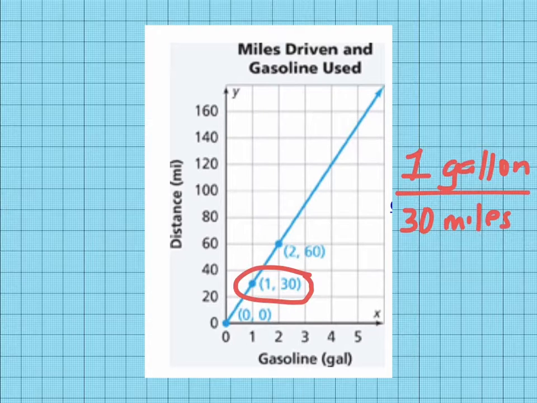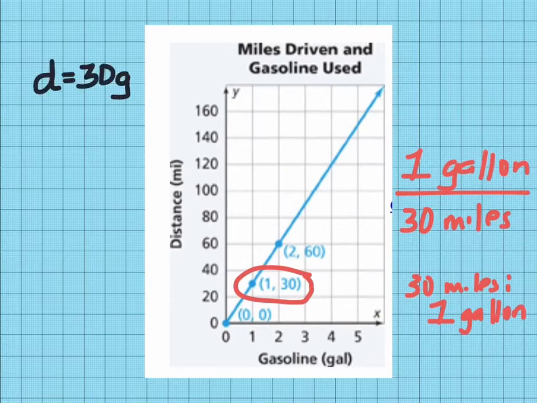That can also be written as 30 miles for every 1 gallon. Notice that this graph is a line, but also that it passes through the origin, 0, 0. So again, this shows a proportional relationship.